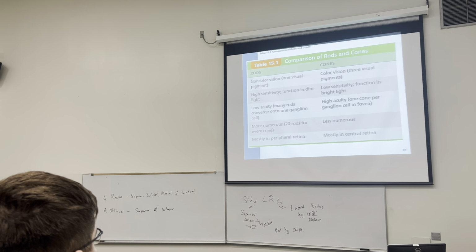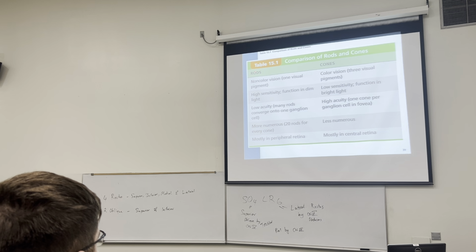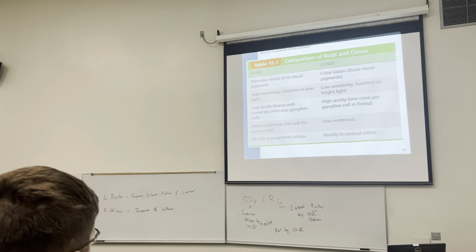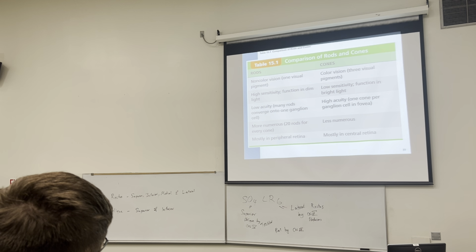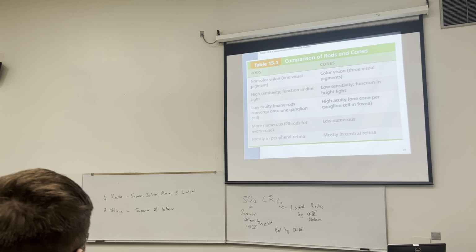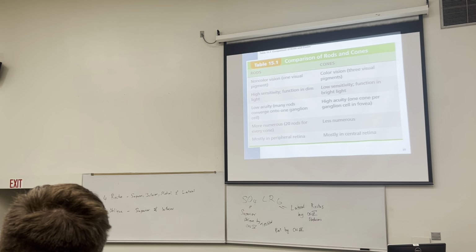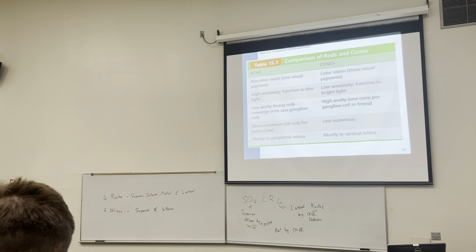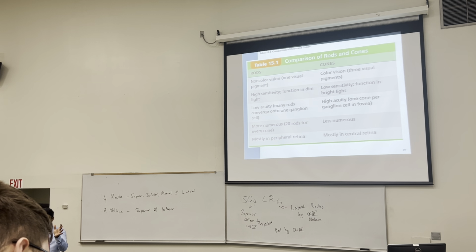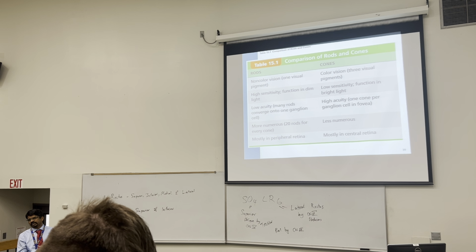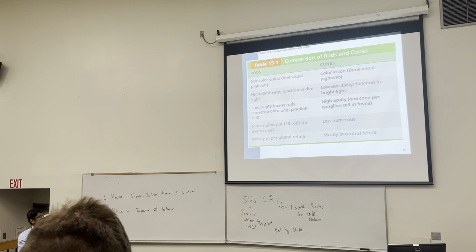So this is a nice chart that gives a nice comparison. Rods, non-color, only one visual pigment, gray tones only. Here, color vision. We have 3 pigments, hence able to see. Rods are highly sensitive to light, so even the littlest light will trigger them, while cones need more light. They are low sensitive. Low acuity, so that's the resolution, if you will. It's not good with rods because multiple rods converge to one ganglion cell, while higher acuity with our cones, with one cone, one ganglion cell.